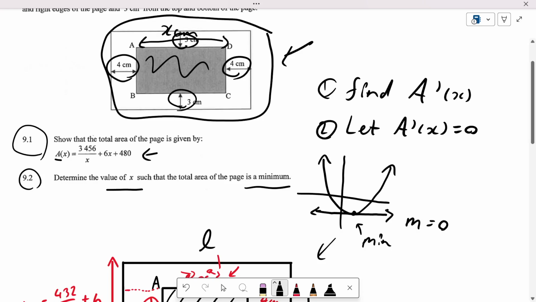And we have heard from the teachers that the first derivative of a function is equal to the gradient. And because the gradient is equal to 0, that is why we let f prime of x equal to 0. And just to go a little bit further into the analysis, when we are letting f prime of x equal to 0, that is essentially finding the x-intercept of our first derivative function.